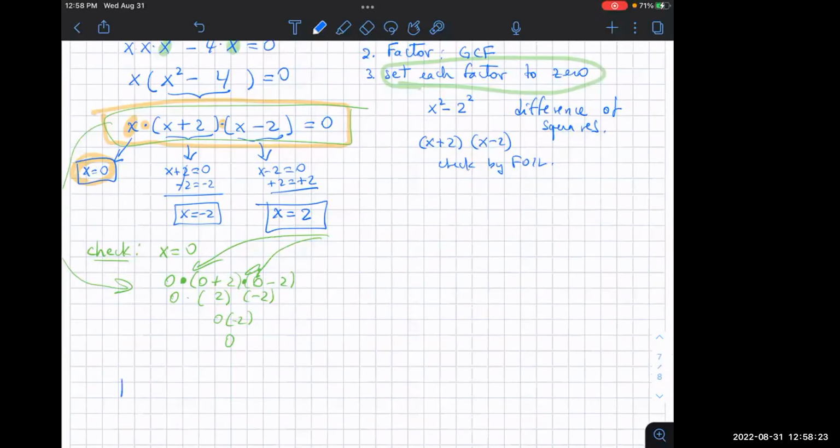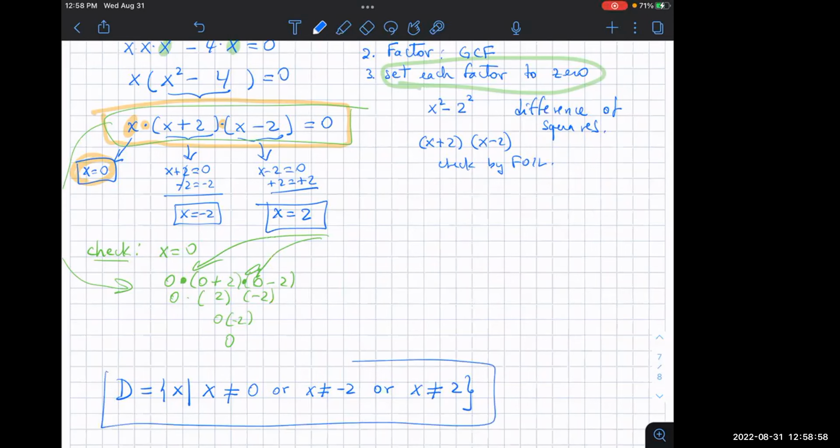So D equals the set of all x's so that x is not equal to 0, or is not equal to -2 or 2. So you can do plus or minus 2 also. So that would be your domain.